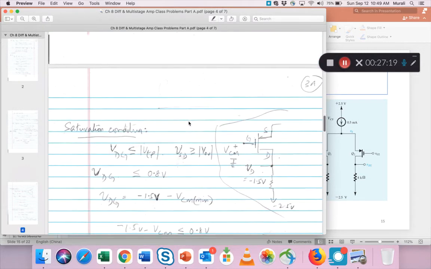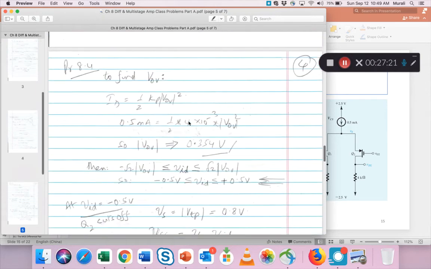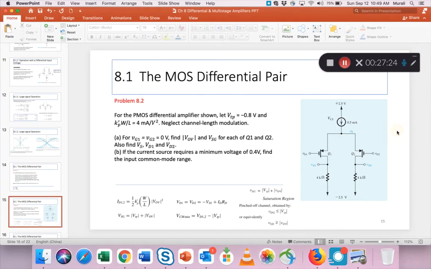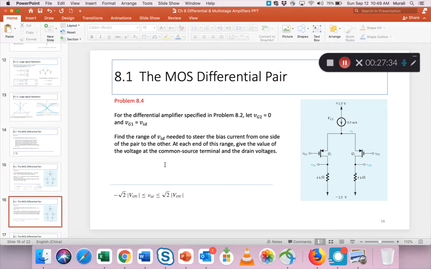Okay, all right. So that was problem 8.2, and we found the range for the input common mode. Like I said, 8.4 is a continuation of the previous problem for the same pair. Now it's not common mode anymore.